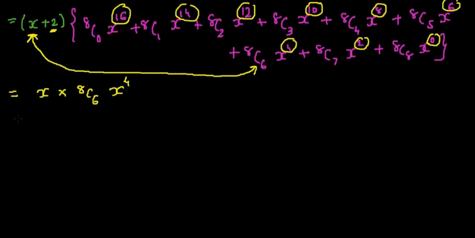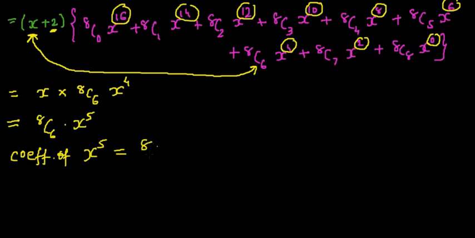So it is 8c6 into x raised to 5. So you can say the coefficient of x raised to 5 is 8c6. This you can work out by calculator. Thank you.